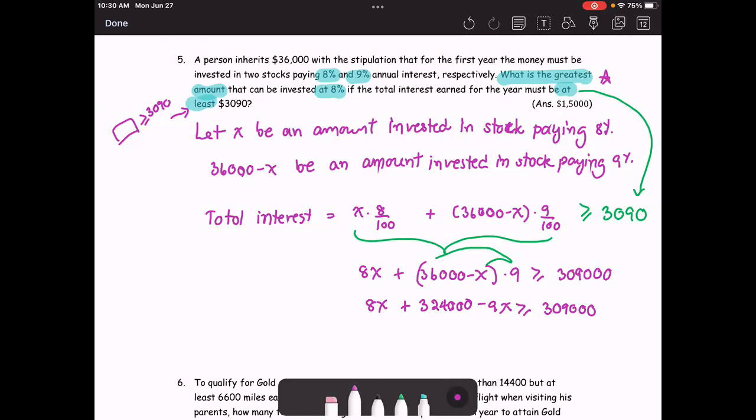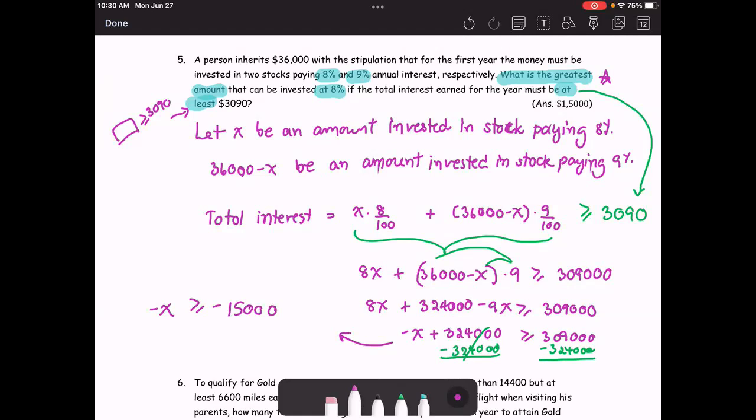Then we have 8x minus 9x becomes negative 1x plus 324,000 greater than or equal to 309,000. Subtract both sides by 324,000. Then we get negative x greater than or equal to negative 15,000.